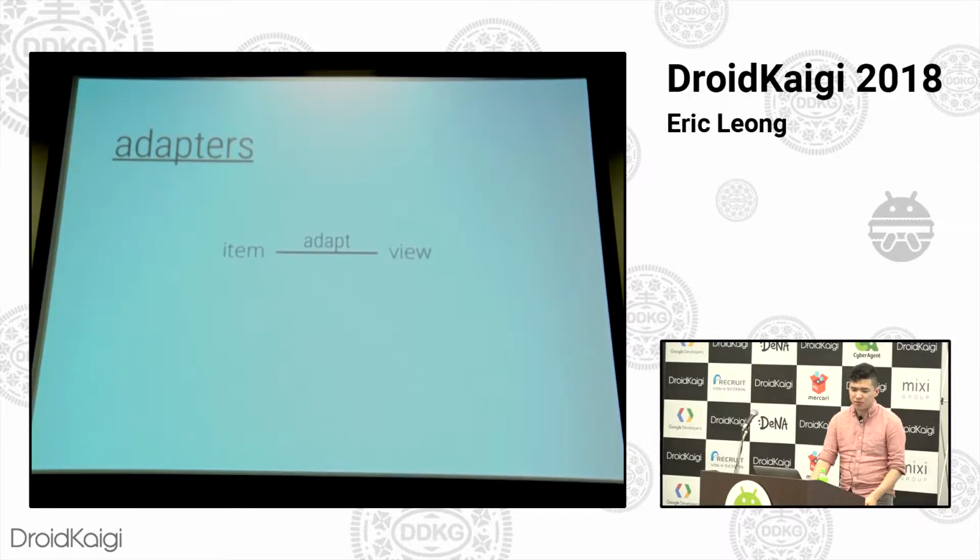But the reason why I bring up this very vague concept is that we often think of the information moving from the item to the view, like the item is pushing the information through the adapter to the view, and I think that's a pretty normal way to look at it.